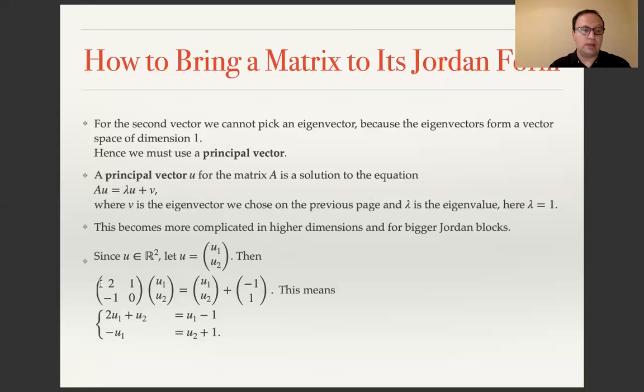So A times u, this means the matrix 2, 1, -1, 0 applied to the vector u1, u2 is equal to lambda u. Lambda is 1 in our case, so it's just u. So u is the vector with components u1, u2, plus v. And v is the vector that we had on the previous page, so the vector with components -1, 1.